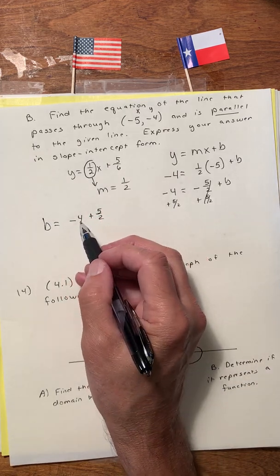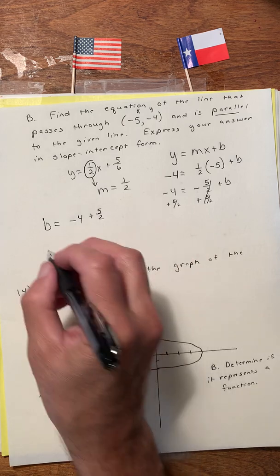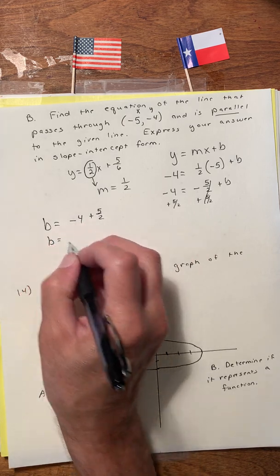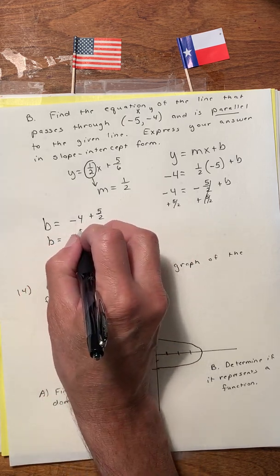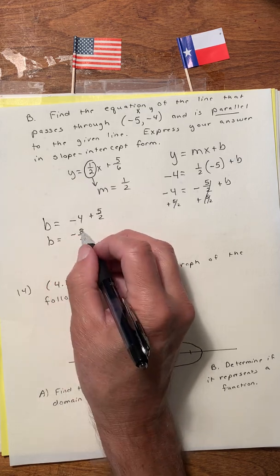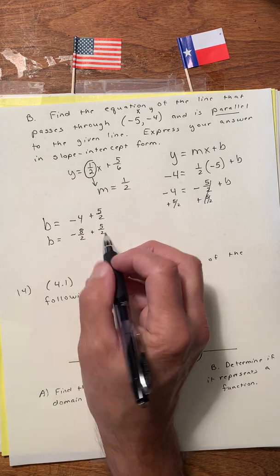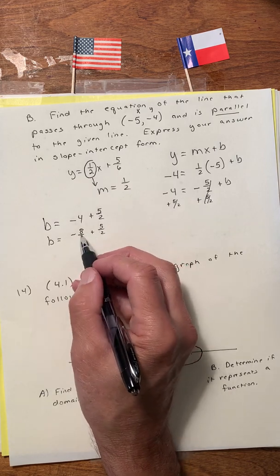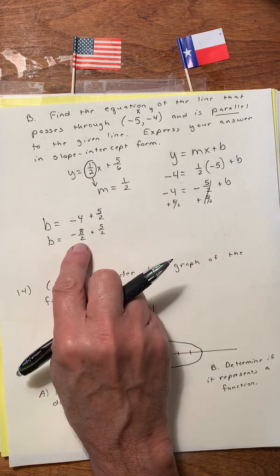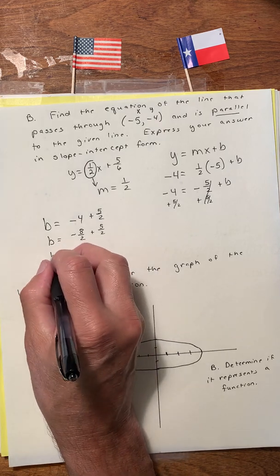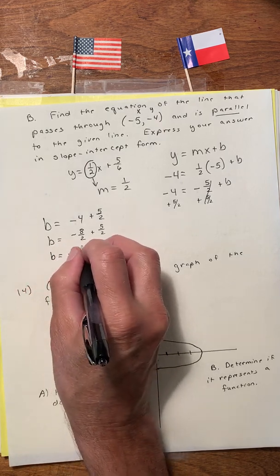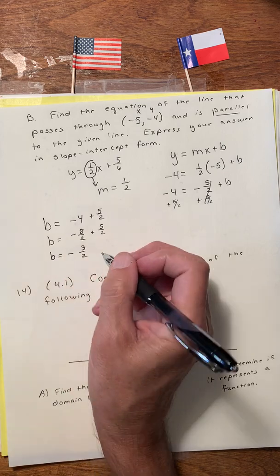Might be wise to get -4 in terms of halves, so we can combine these two fractions easily. -8/2, 8 over 2 is 4. The way you combine positive and negative numbers is you subtract and take the sign of the larger. So b, it turns out, is -3 over 2.